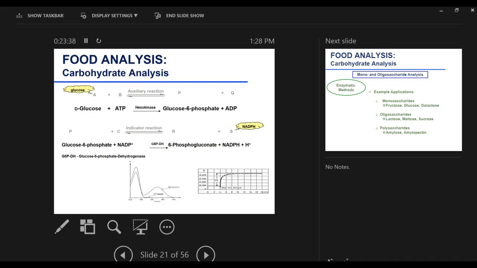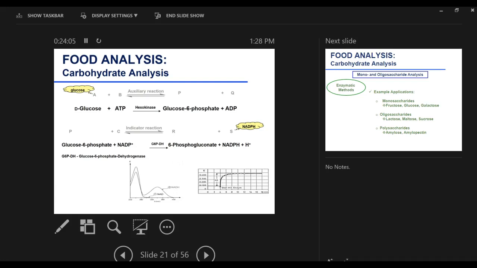For the first reaction, I need ATP as a reactant. So glucose and ATP in the presence of hexokinase will give me glucose 6-phosphate and ADP. One phosphate from ATP was gained by glucose at the 6th position, so glucose 6-phosphate. Now none of these absorb light.